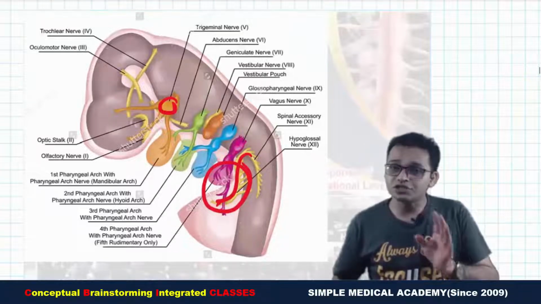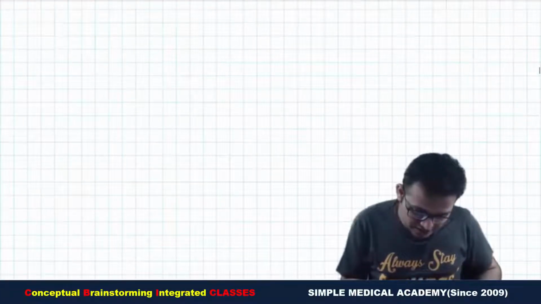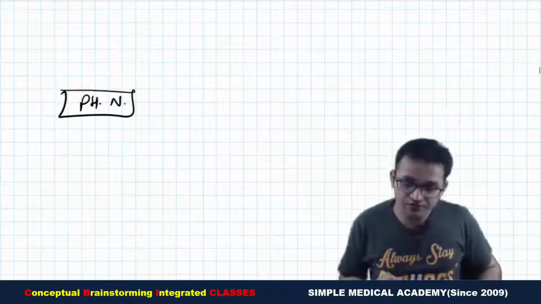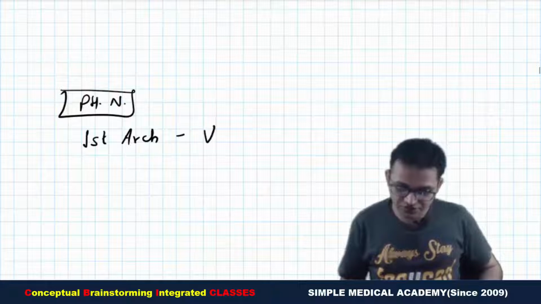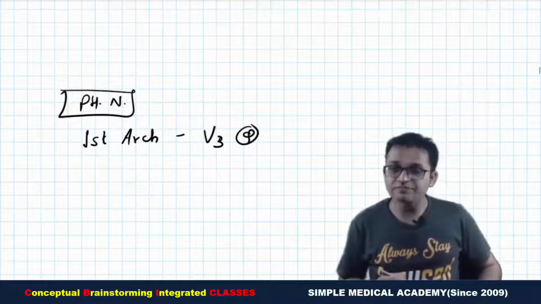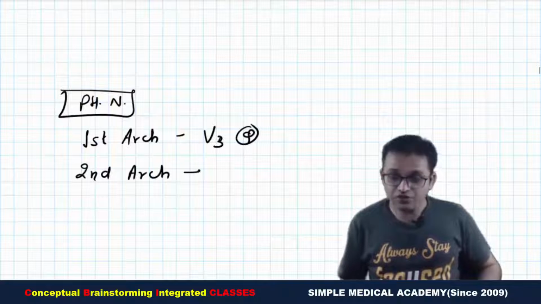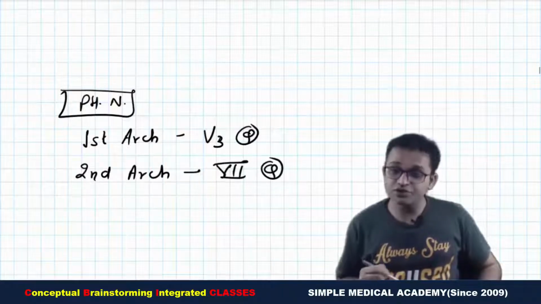So what we have studied till now is the pharyngeal nerves. So you can prepare your notes. Pharyngeal nerve: the first arch nerve, the mandibular nerve, MCQ. Second arch nerve, your answer was the seventh nerve, MCQ.